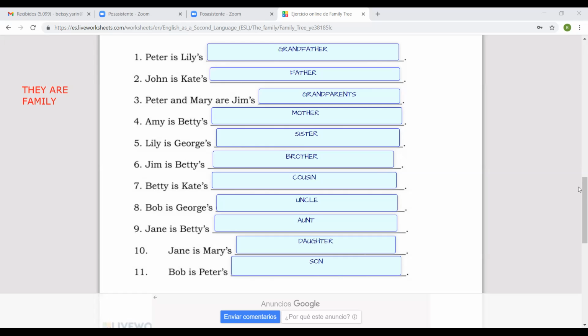Michael, what about in number 1? Peter is Lily's grandfather. Excellent, very good. Number 2, Millie. John is Kate's father. Excellent. Number 3, Natalie. Peter and Mary are Jim's grandparents. Excellent. What about number 4, Sophia?